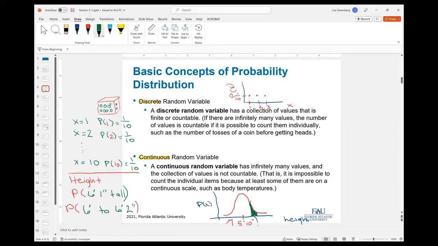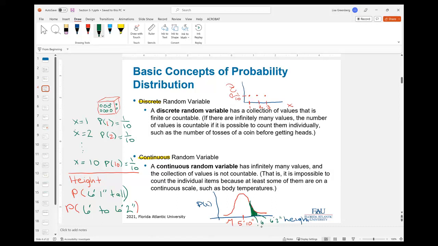So let's just say this is 6 feet, and this is 6 feet 2 inches. Okay, we would have between here and here, if we could find the area of that, we would know the probability. Okay, so let's see, let's read this.